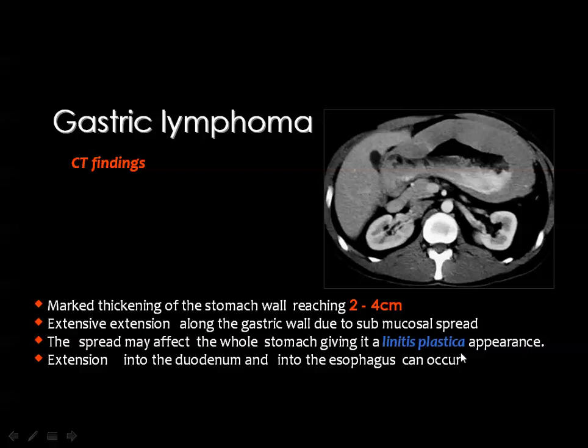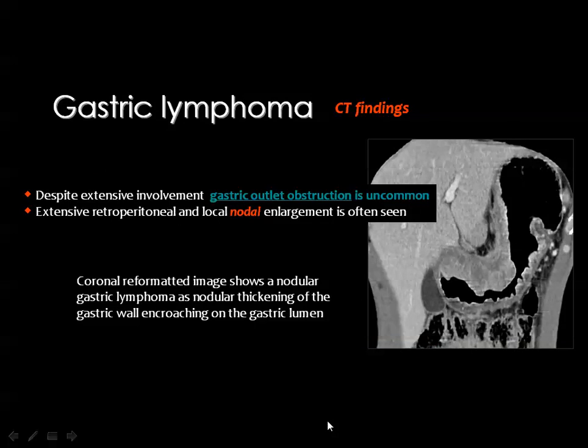And also you remember that linitis plastica is one of the radiological findings in cases of lymphoma. And you can use the reformatted images to appreciate the extent of the disease along the gastric wall. And here you can see that the fundus is more or less free, but the greater curvature is affected, and the lesser curve is more affected than the greater curve.